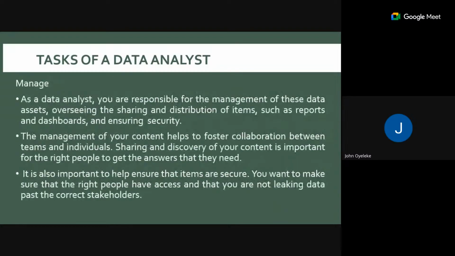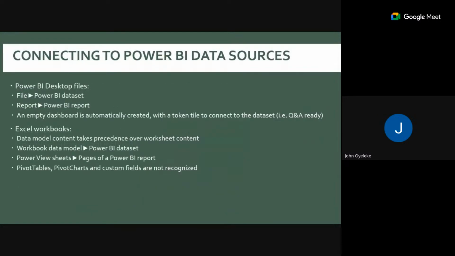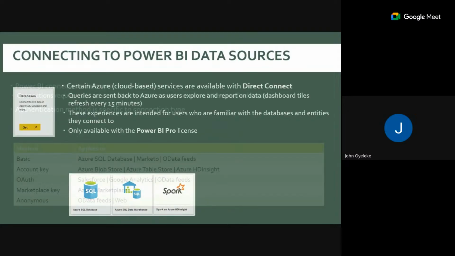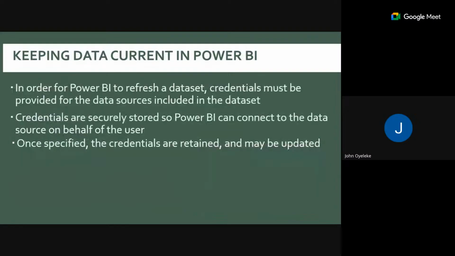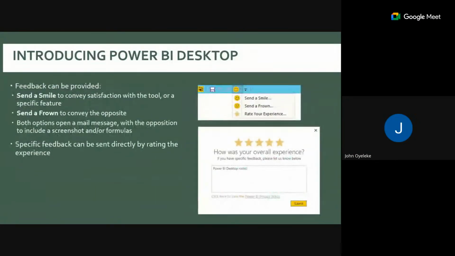And of course, you now manage it. Managing means collaborating with other people, setting some security settings and all of that. So basically, that's what you're going to be doing with your Power BI. We'll prepare our data set, we'll model our data if need be, then we'll do some analysis, then we do our visualization, then we'll do some collaborations.